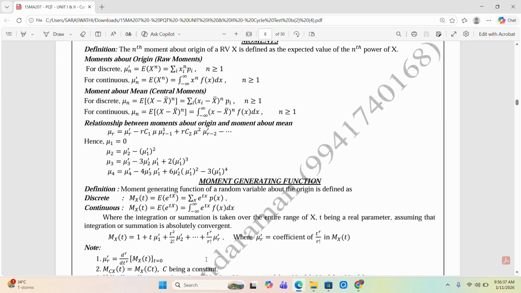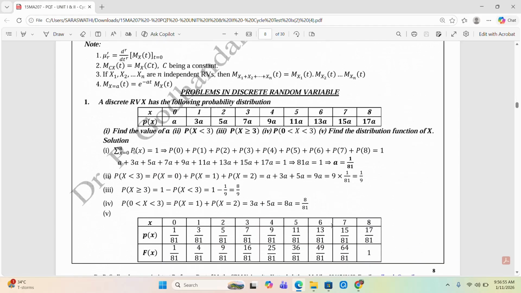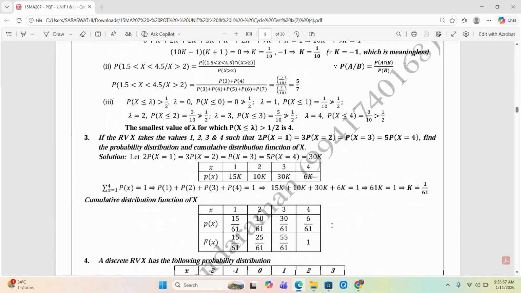If we need mu 2 dash, it is the coefficient of t square by 2 factorial. If you want to find mu 1 dash, it is the coefficient of t by 1 factorial. So these are the basics of the formulas for the moments and the moment generating function.